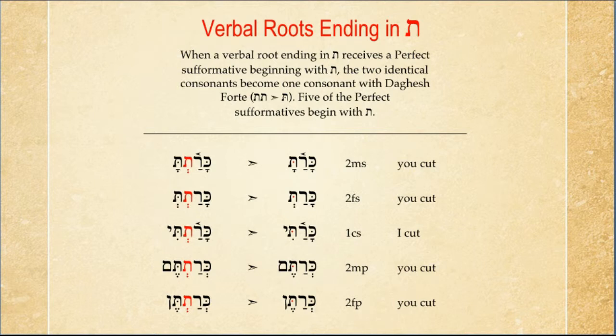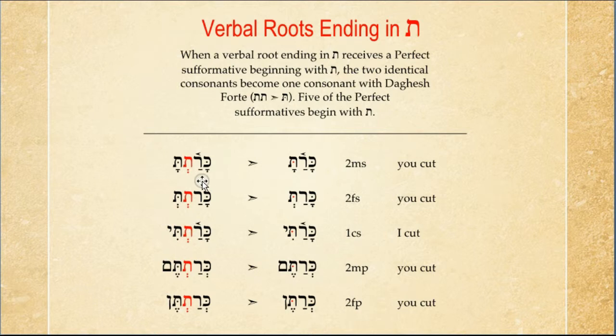So what you have is a verbal root, a verbal stem. The root itself has a tav, and then the ending has a tav. The two tavs bump up against each other. And so when that happens, they fuse into one, and the tav gets a dagesh forte.